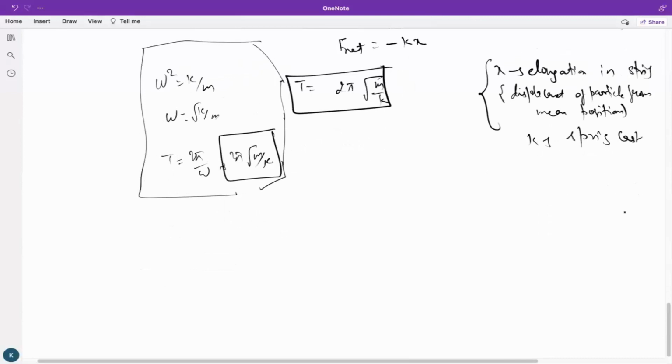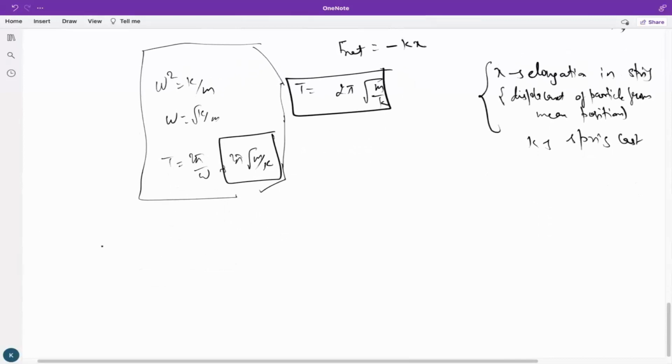One thing: if it is given, assume the mass is 1 kilogram and the k value is 100 pi square newton per meter, and you have to find the time period and frequency. How can you do so?